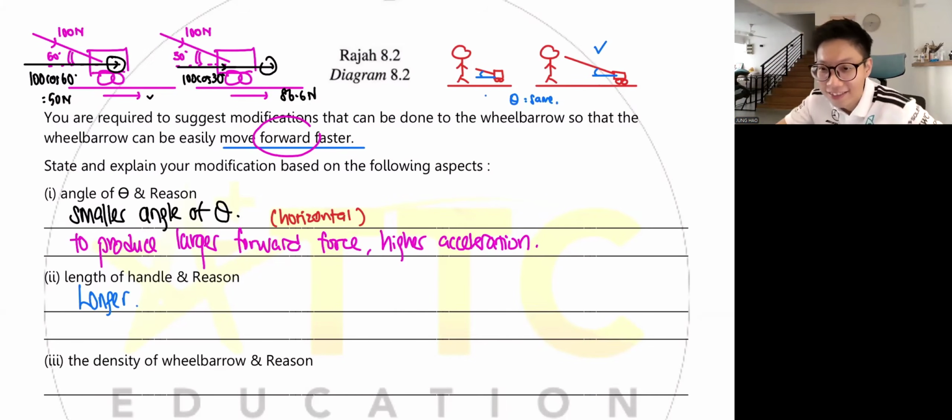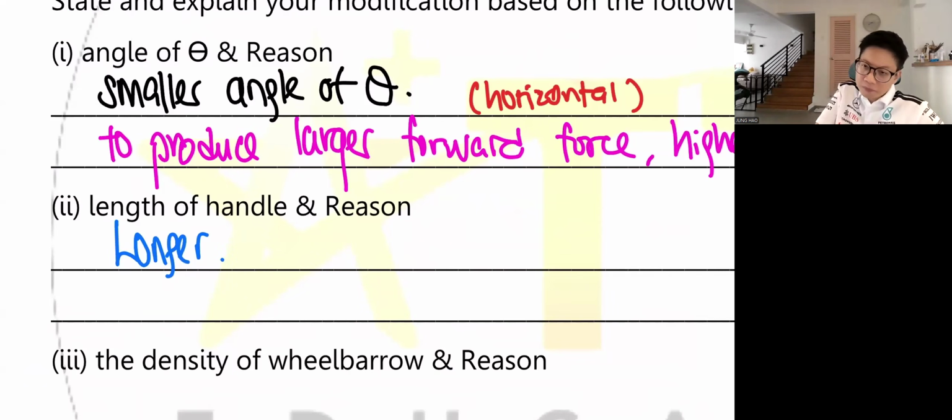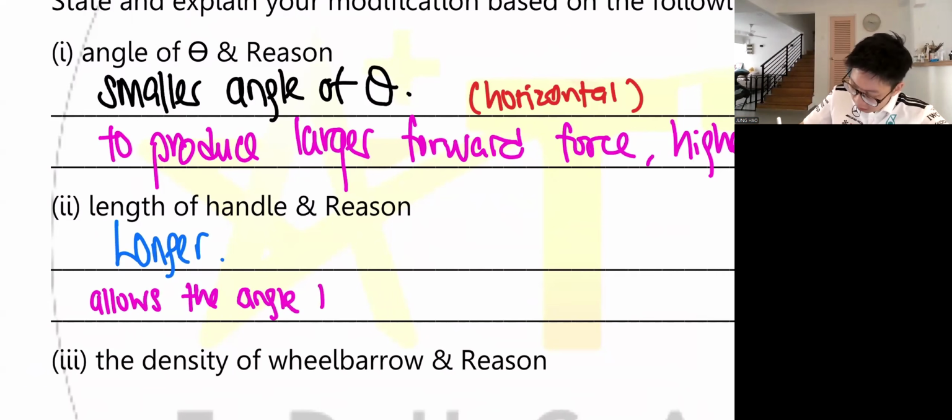Okay, can. So the length of the handle is longer. Therefore, in a way you don't have to bend so low, all right? But it also allows the angle theta to be smaller.